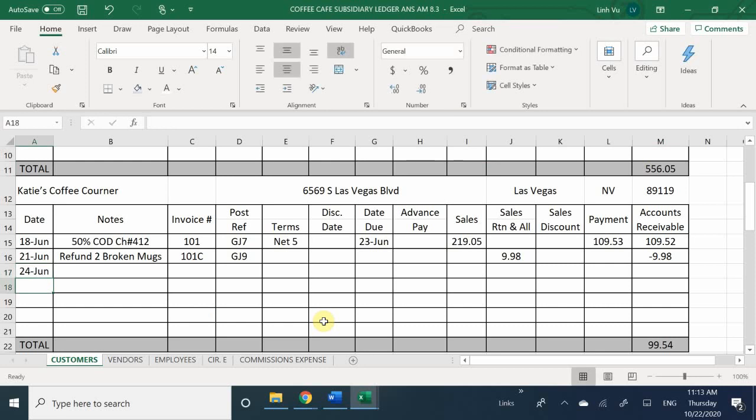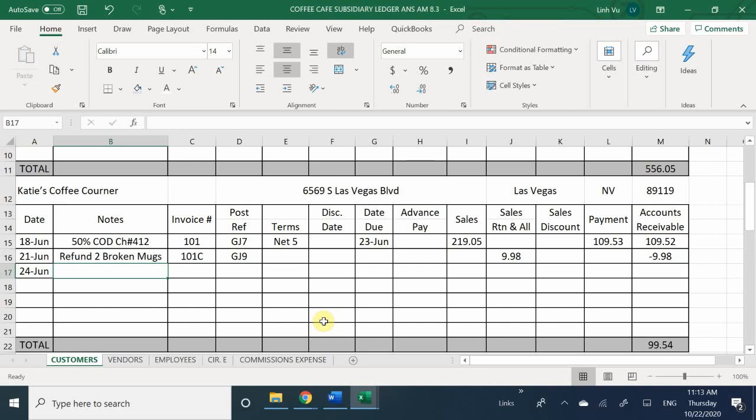All right. She barely missed. Well, I guess it's okay, right? She was supposed to pay on the 23rd, but she paid on the 24th. So it's our first payment that we received.